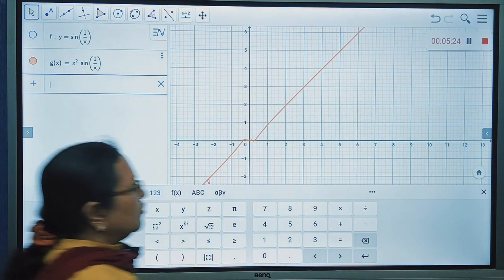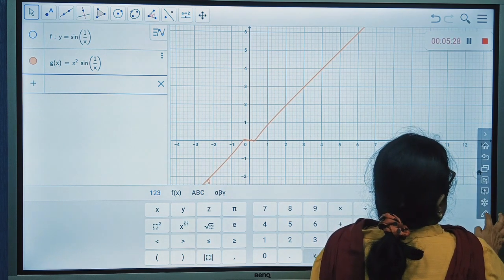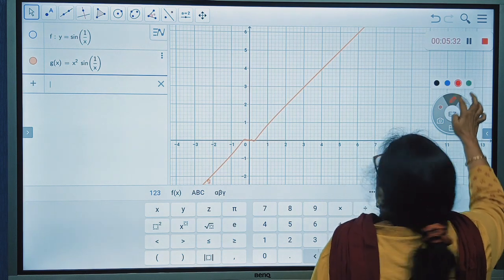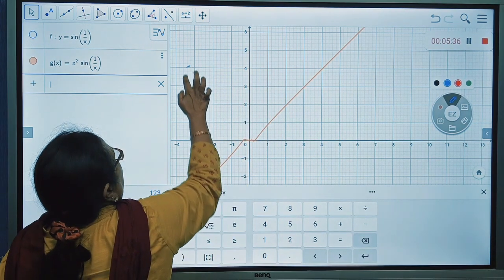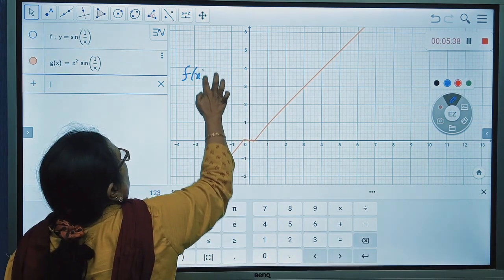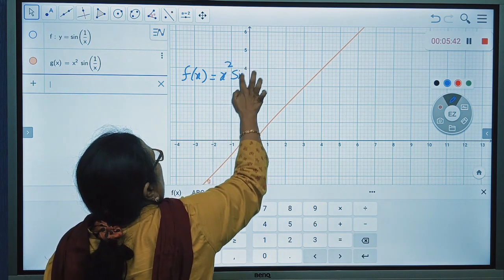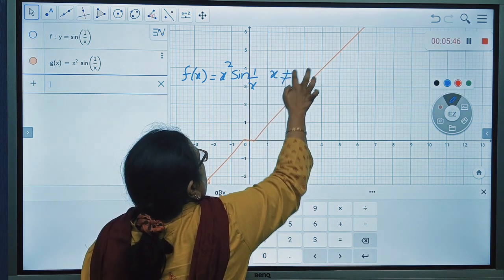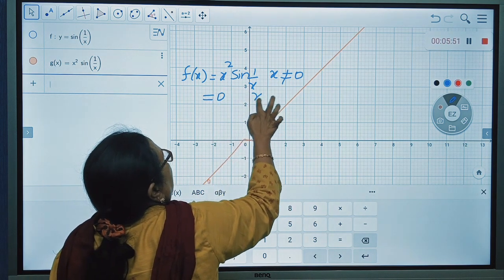I want to explore the following problem. Let f of x be equal to x square into sine of 1 by x when x not equal to 0, and equal to 0 when x equal to 0.